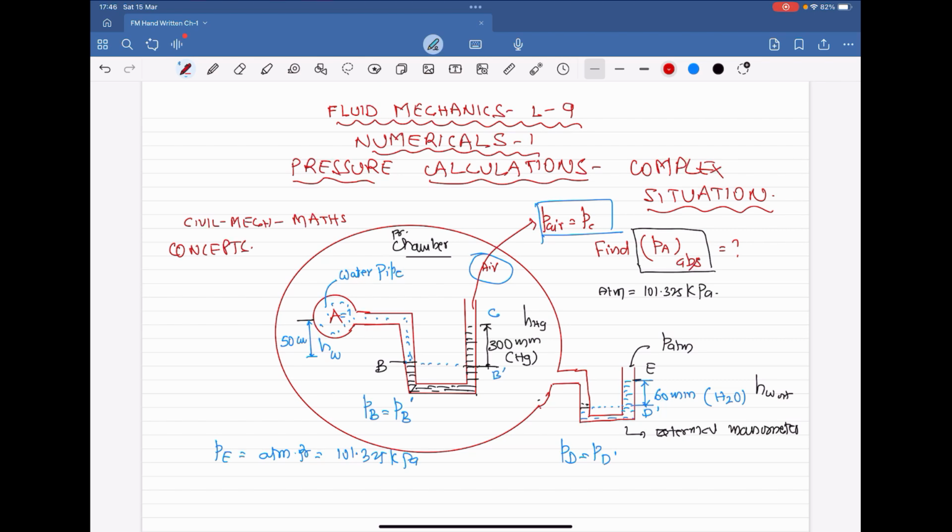I have written intentionally that it's a complex situation. Situation is complex. Problem is lengthy.